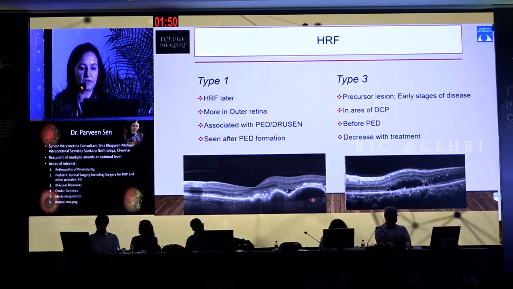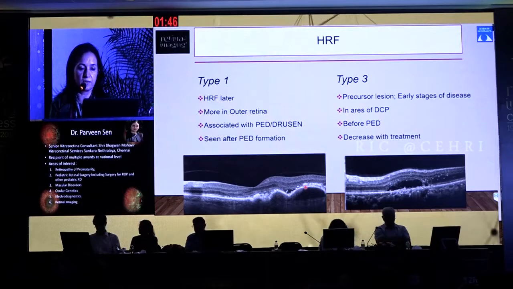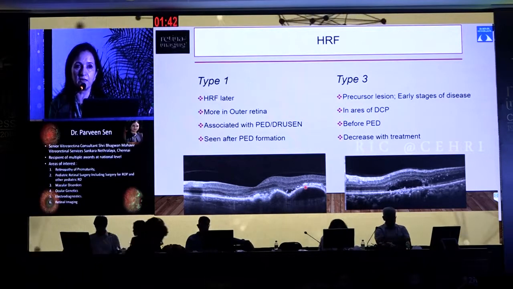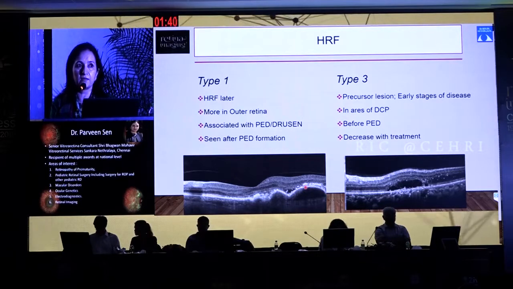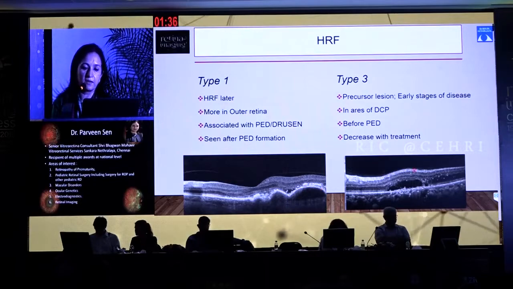Coming to the early features, HRF, we saw that they are very important where type 1 CNVs are concerned, because just above the pigment epithelial detachment, when you see these hyperreflective foci, this is where it could mean that we are going to have activation of the disease here. But here you can see in a type 3 lesion, the hyperreflective foci may be the first, or the precursor stage itself may show you the hyperreflective foci.